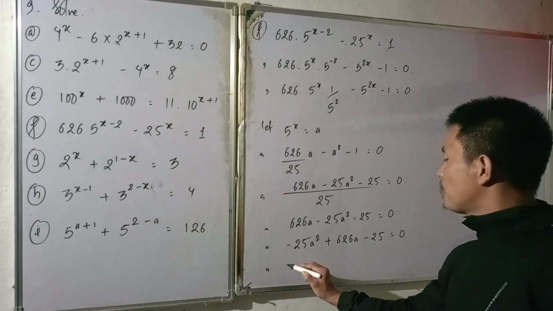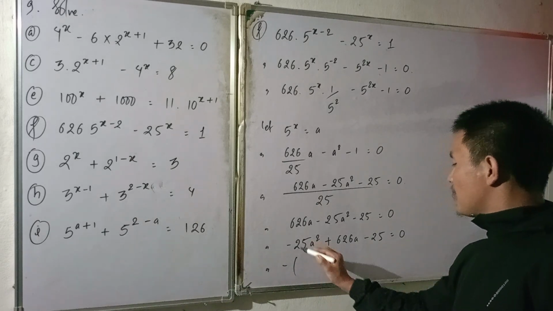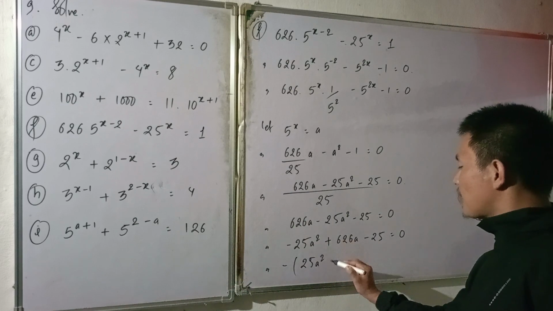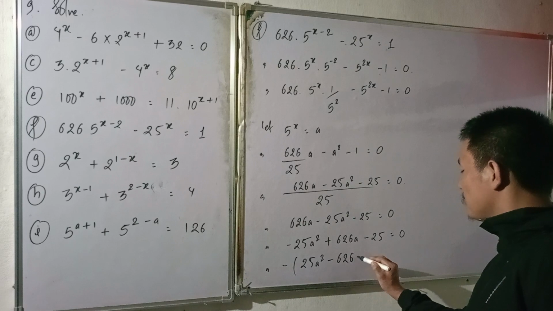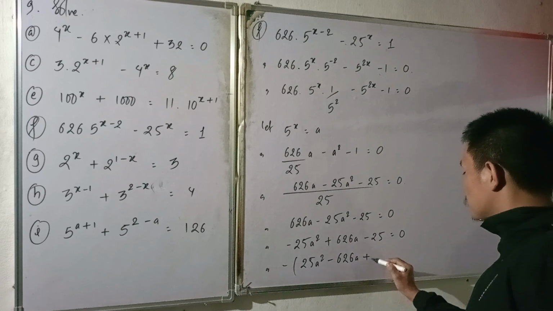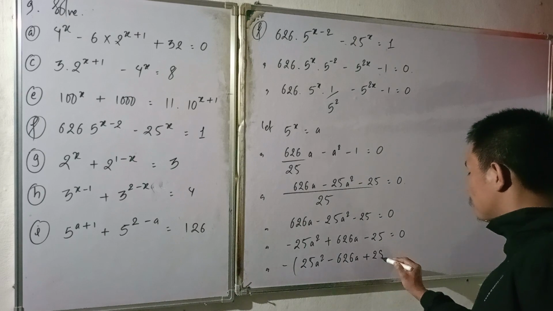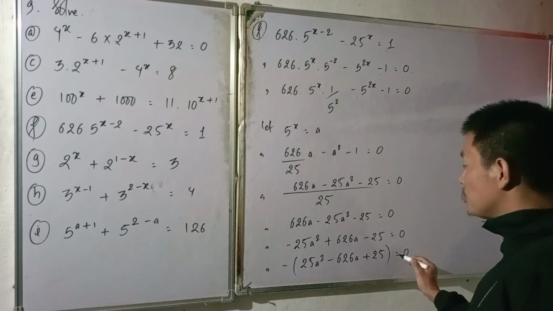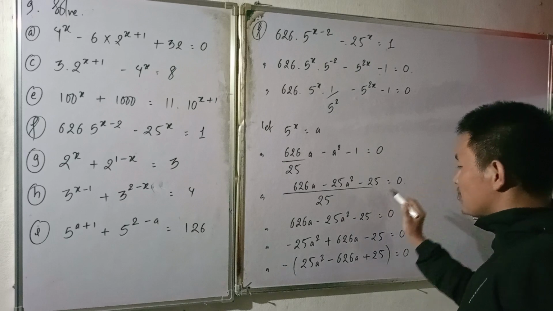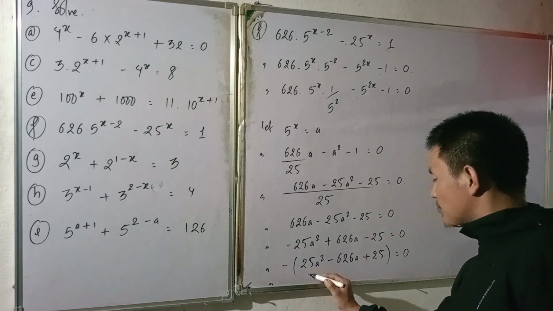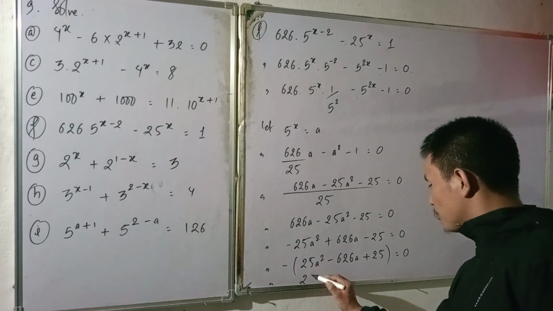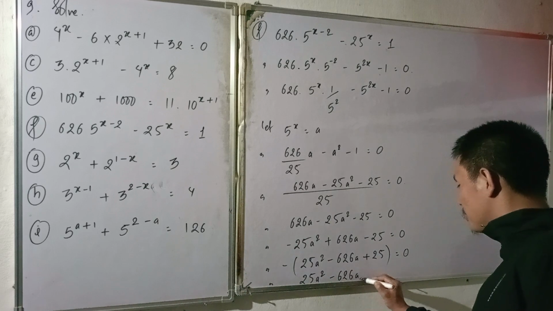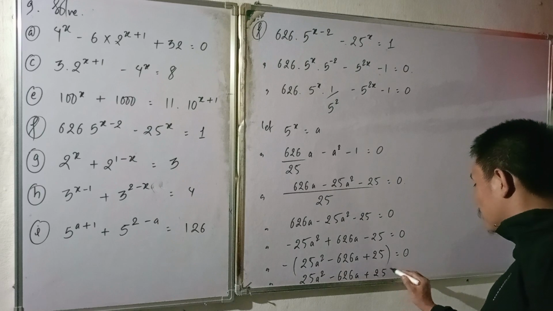So in order to make this positive, take minus common here, and then this will be positive 25a squared. Now the positive sign becomes negative 626a, and this negative becomes positive 25 equals to 0. Now this negative will disappear with 0, just like 25 disappeared with 0. Now the remaining you can write as 25a squared minus 626a plus 25 equals to 0.